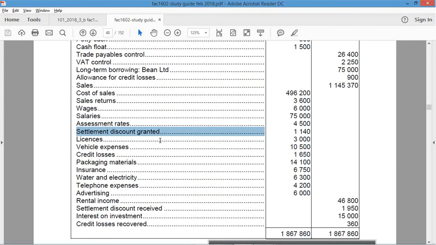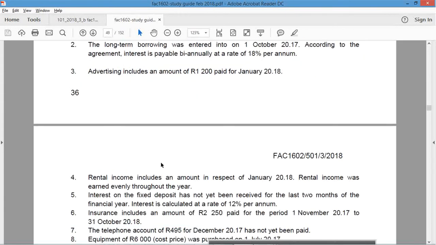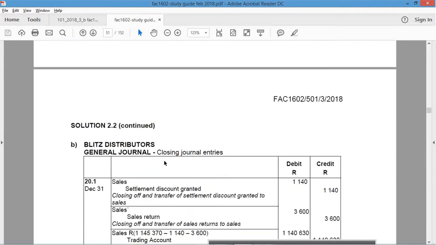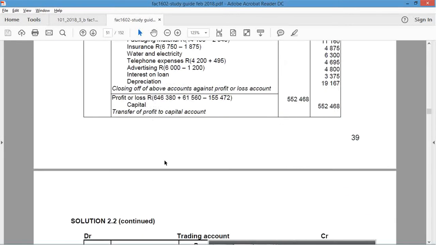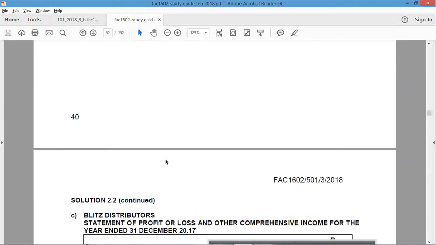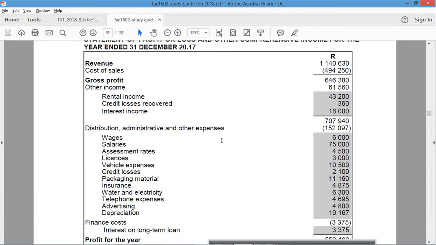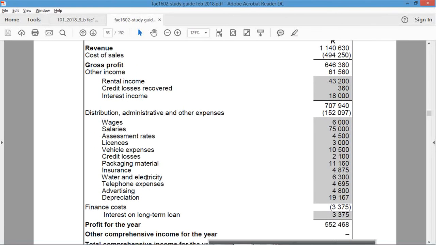That's what I've normally seen them do. Let's see if they've done that here. Revenue 144. No, they haven't. So they must have shown that separately.